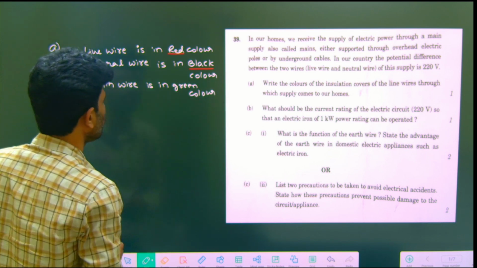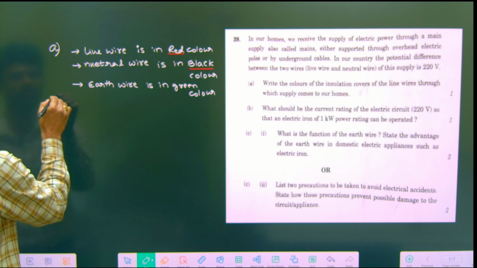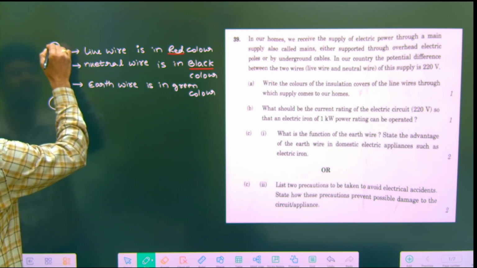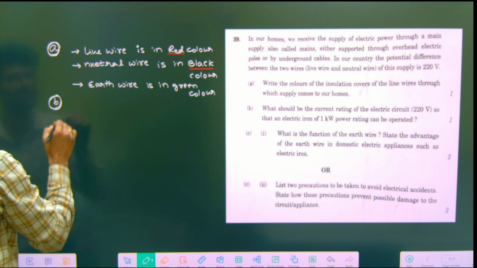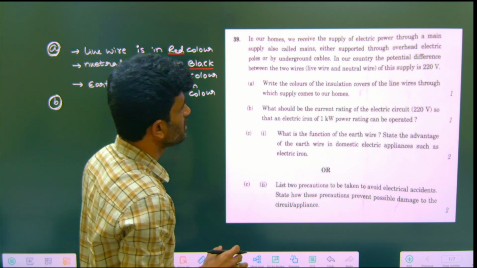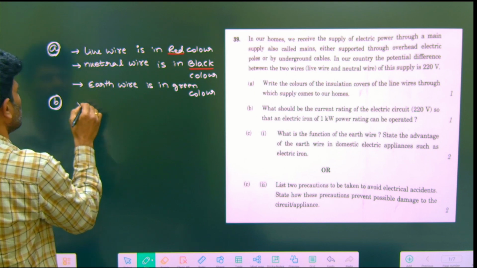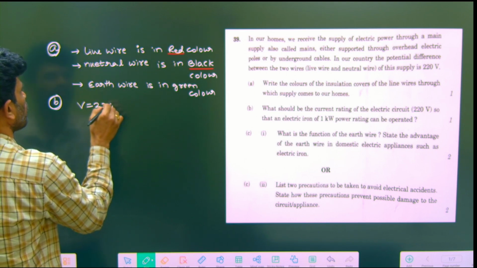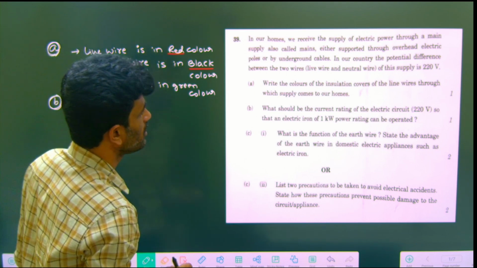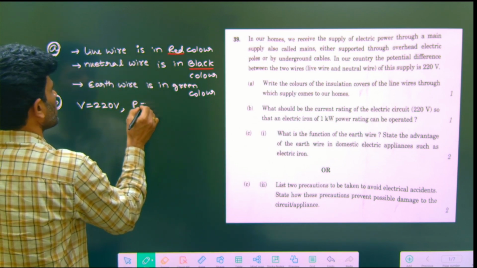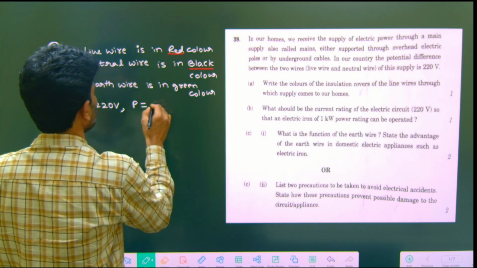Now question B. You have to mention the colors in question A, and in question B what did they mention? What should be the current rating of the electric circuit? Voltage is given as 220 volt, that is, potential difference is 220 volt, and the power of the electric iron is given as 1 kilowatt.